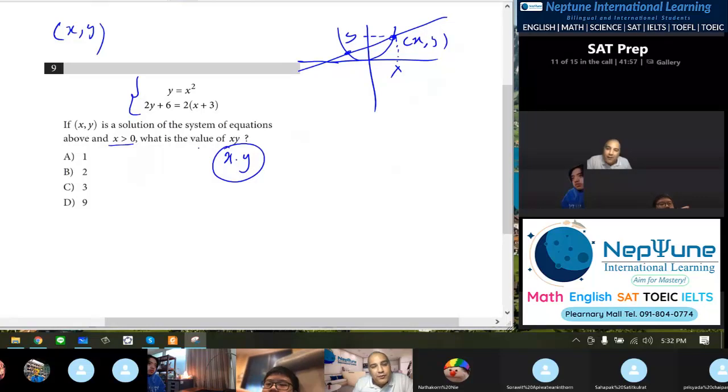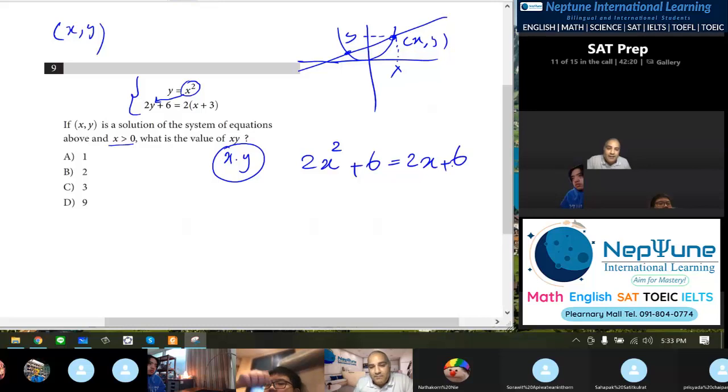You know what I'm going to do? I'm going to substitute because y equals x squared. So why not change y with x squared? So I just put this one here. Then I get 2x squared plus 6 equals, then I multiply this one, 2x plus 6.